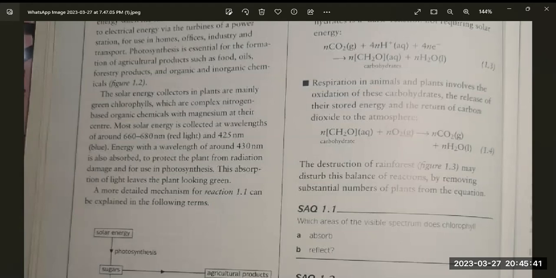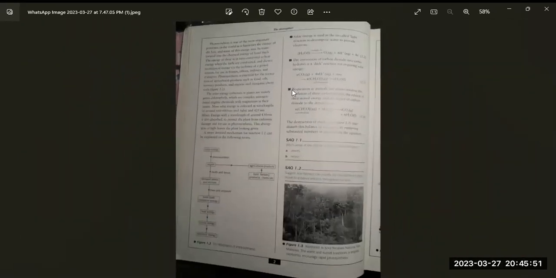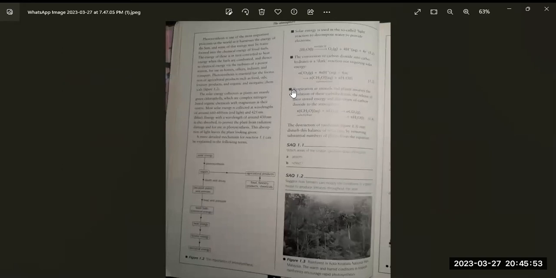We need to literally stop burning. We need to stop that. It is cause for concern.